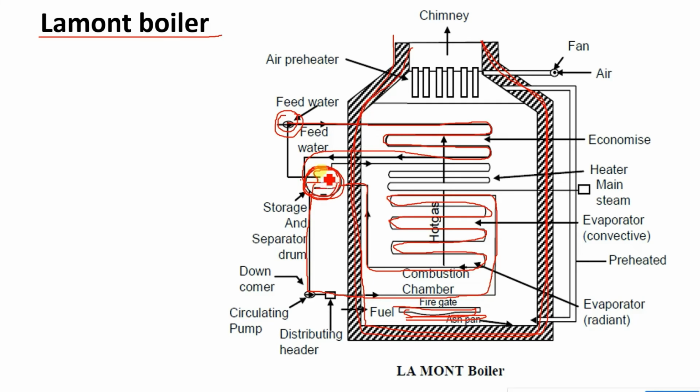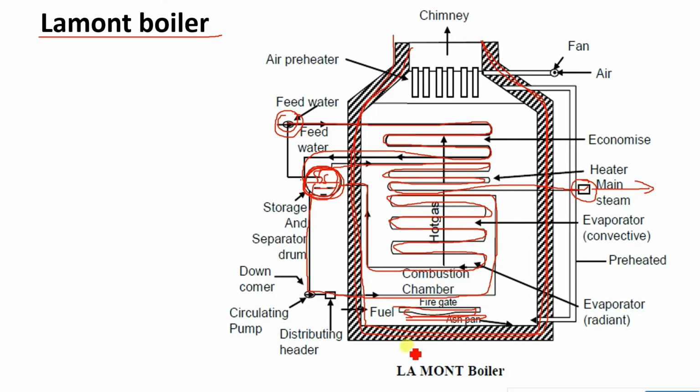Now the portion which has been converted into steam enters the superheater, and this superheated steam is finally supplied to the main stop valve, and then from the main stop valve to the turbine.